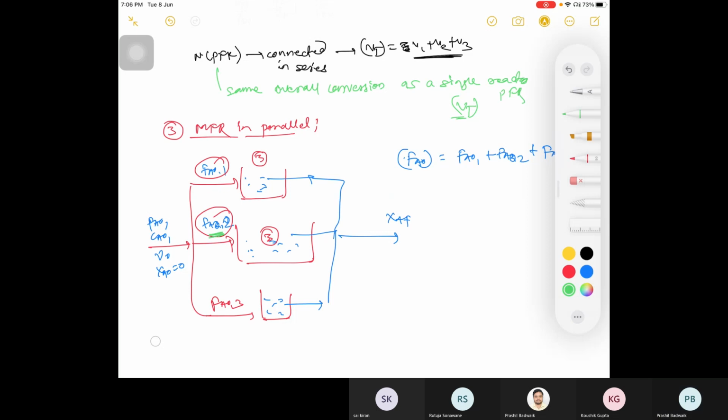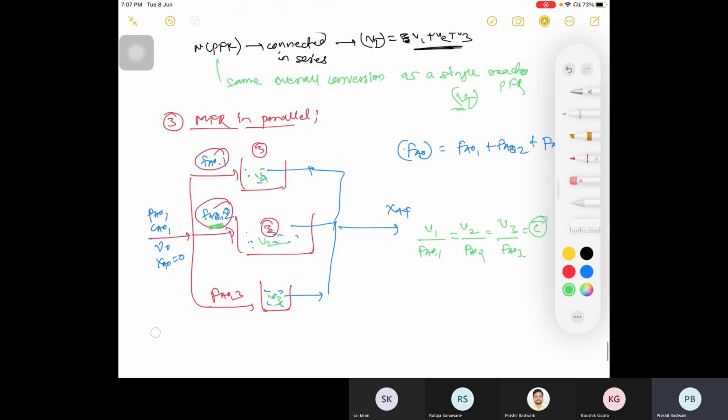So this is V1, this is V2 and this is V3. I'll adjust the flow rates FA01, FA02 and FA03 such that this ratio is the same, that is, your tau in each reactor is the same.